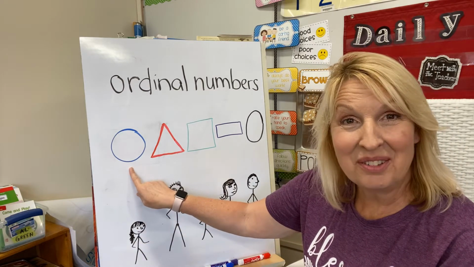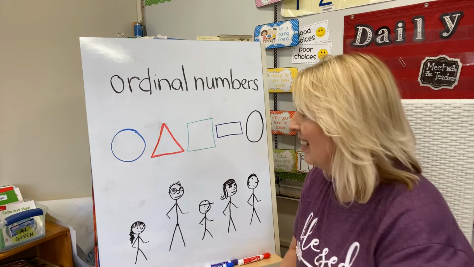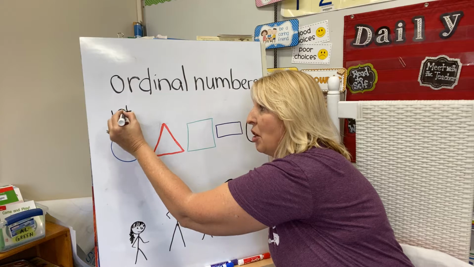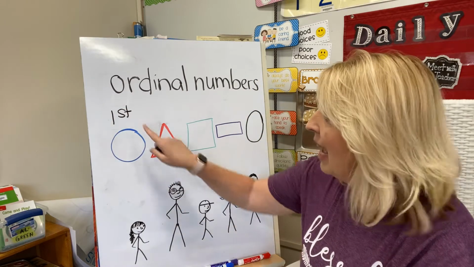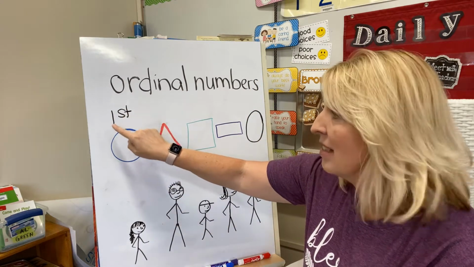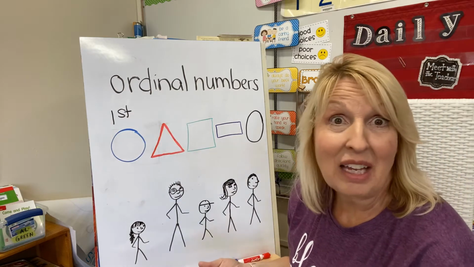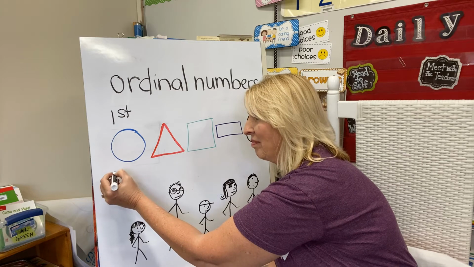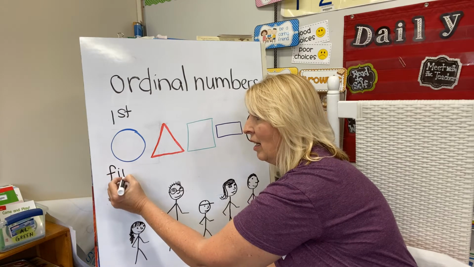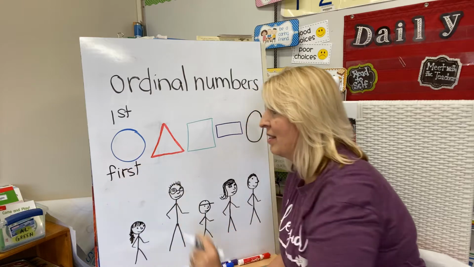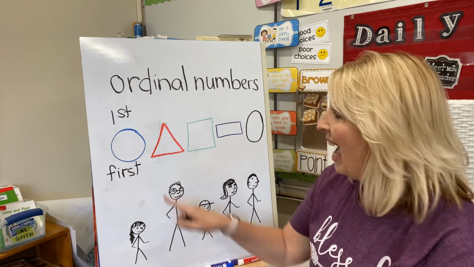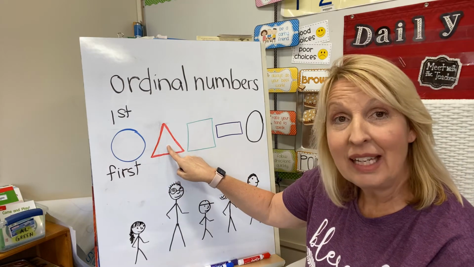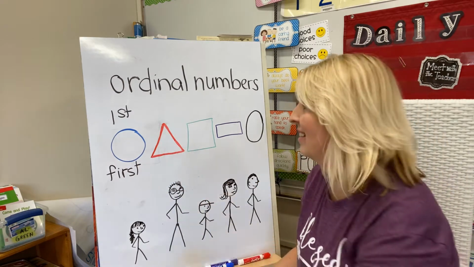Did you say the circle? If you did, you're right. The circle would be the first shape, and we can show that with a number 1 and an abbreviated ST. This means first, like when you're the first in line. We spell it first, like that.